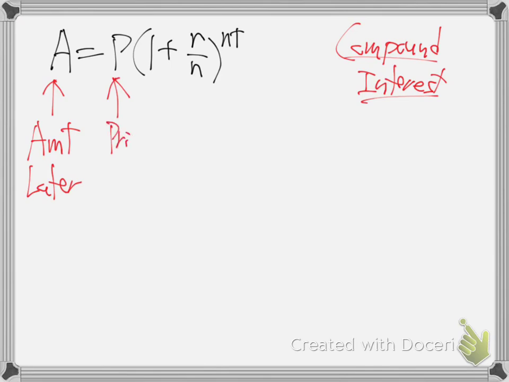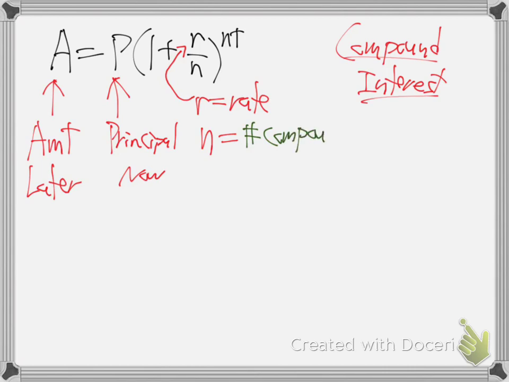P again is the principal now. Principal is the amount of money you put in the bank or the account now. R is the interest rate. N is, again, the number of compoundings per year. And here I'll do t.